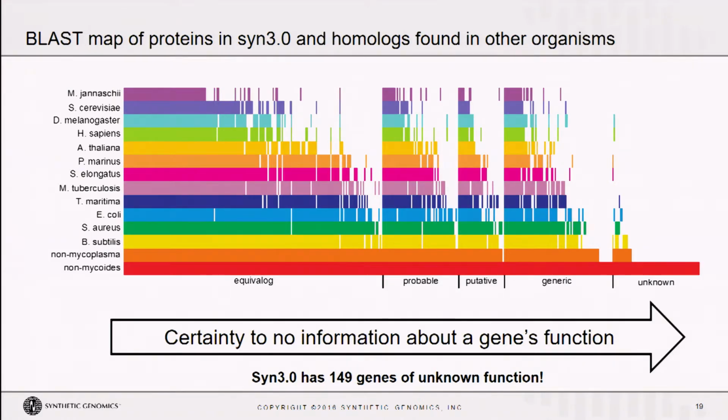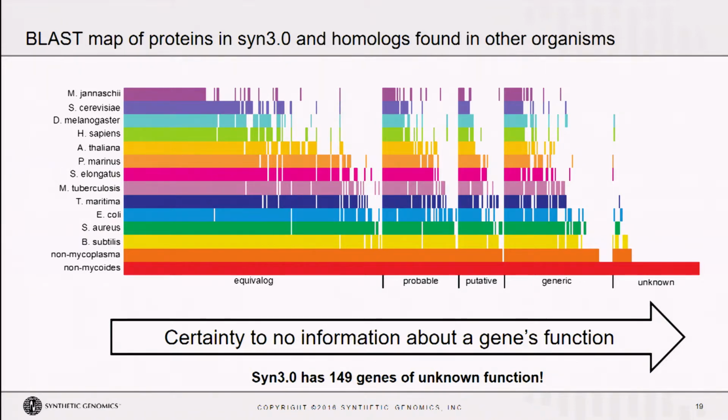If you look at this BLAST map of proteins in the SYN 3.0 genome compared to homologs found in other organisms, what we did here is we grouped the genes that we were very certain about on the left, all the way to the right, where we literally have no clue what the function of that gene is.